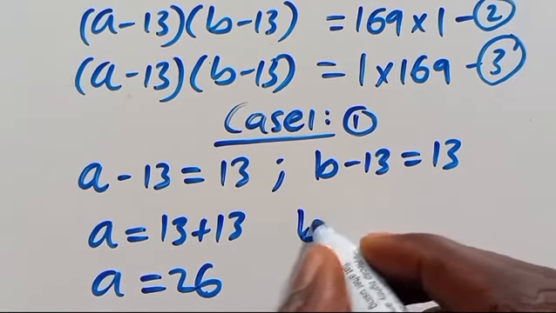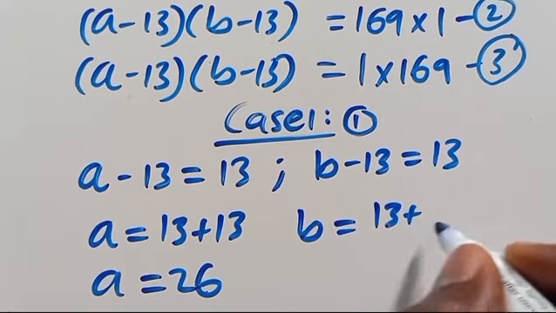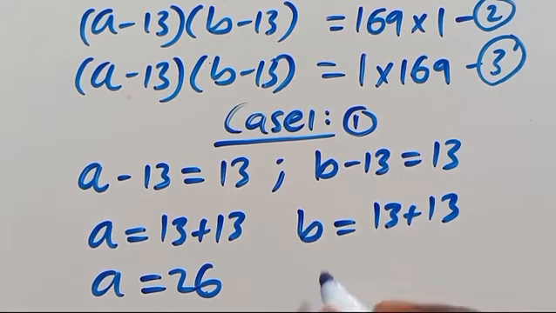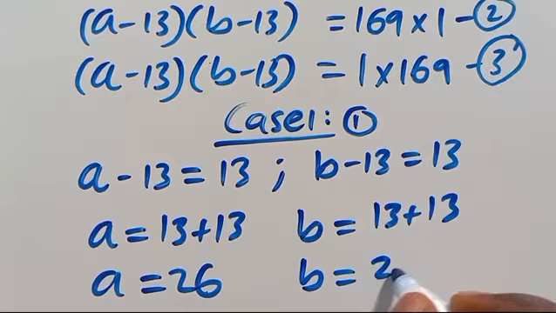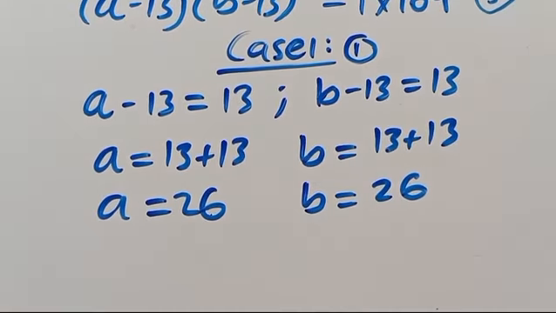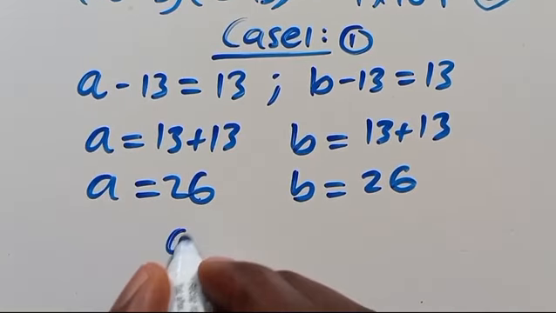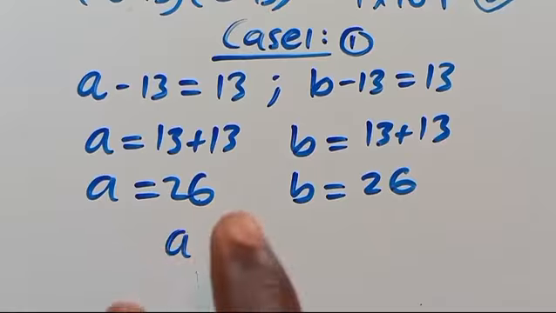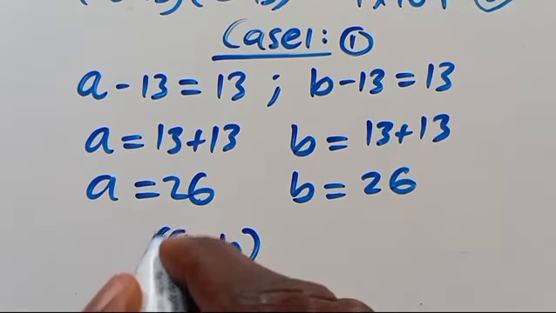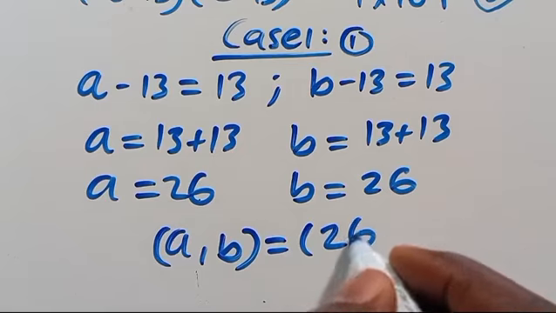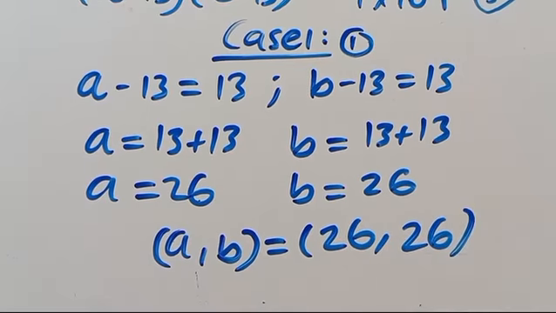We have b equals 13 plus 13, so b equals 26. So for case 1, we have a, b equals 26, 26.